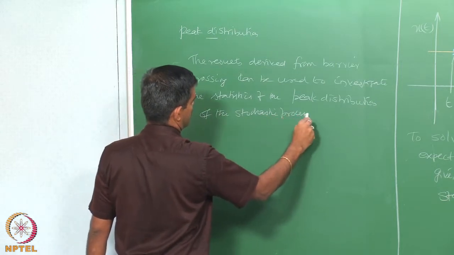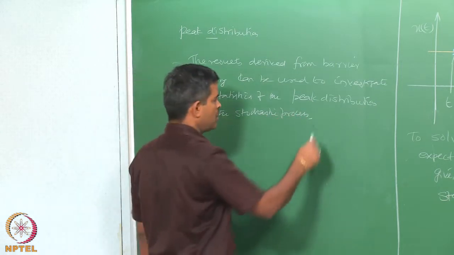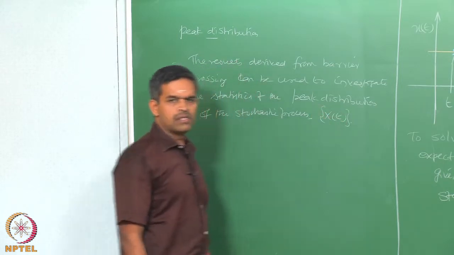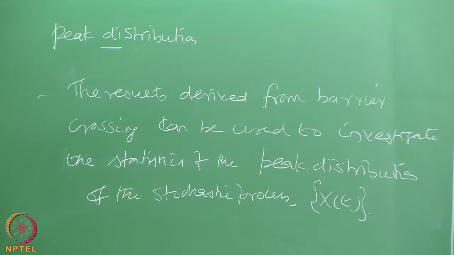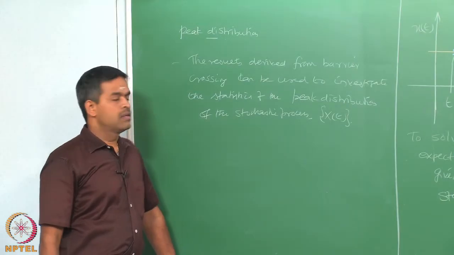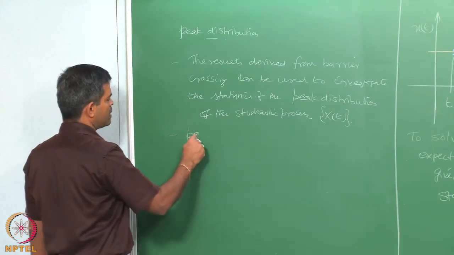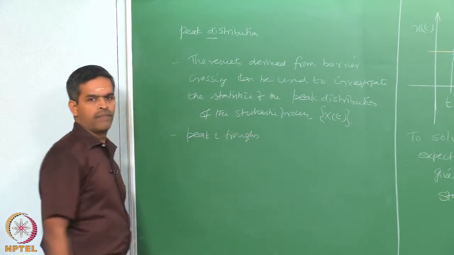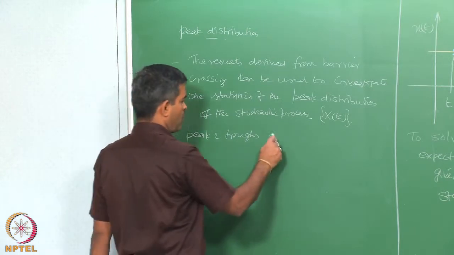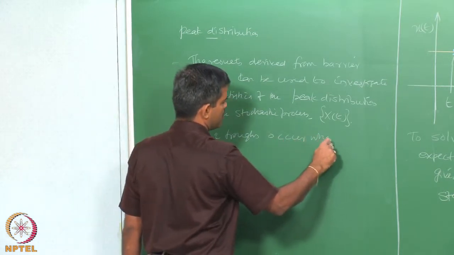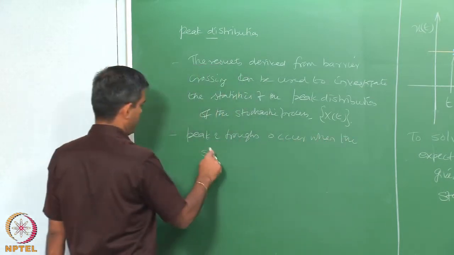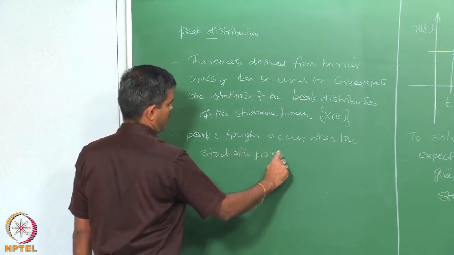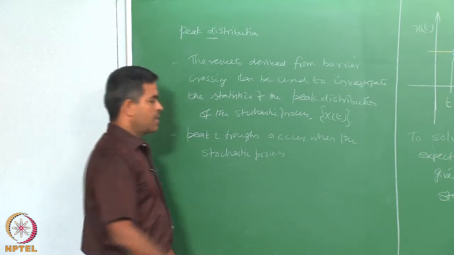In our case, the stochastic process we are talking about is x of t, where t is a subset of capital T, which is called the index set. Interestingly, the peaks and troughs occur when the stochastic process has a 0 crossing.